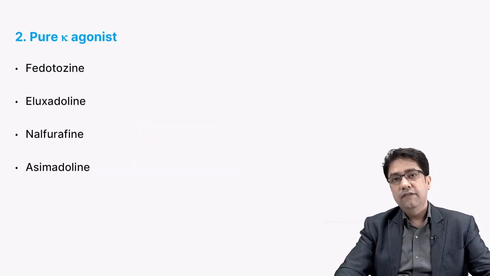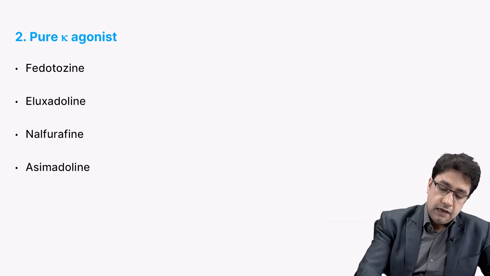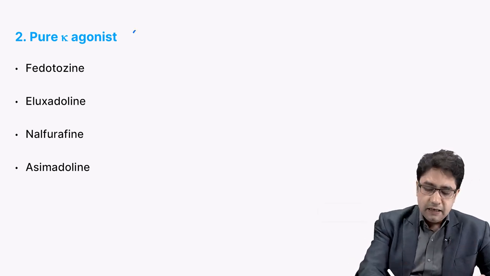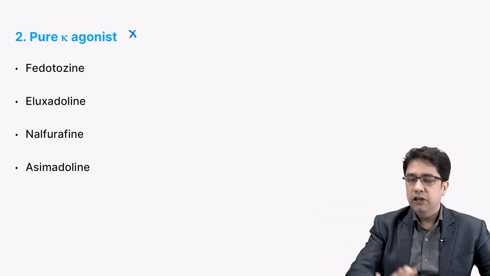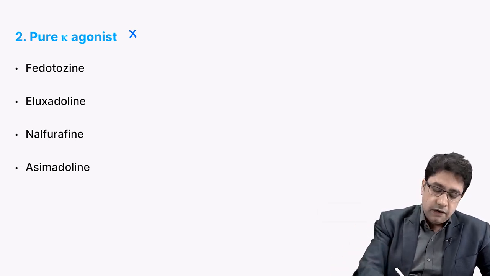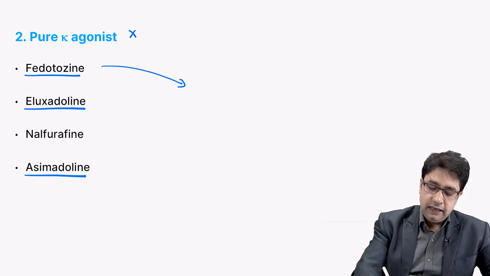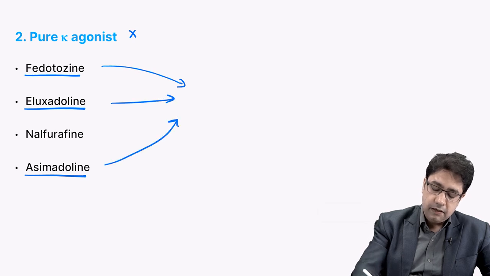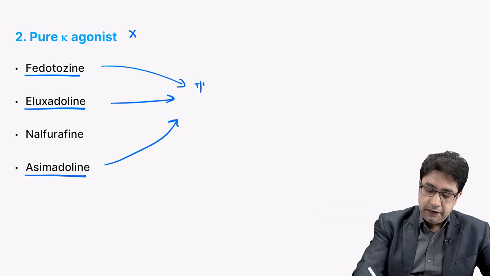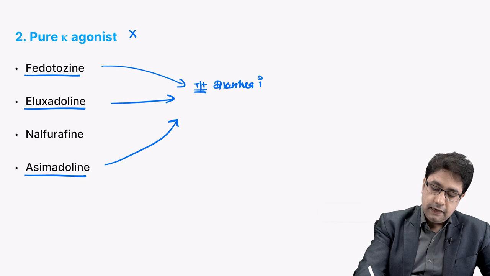Then the next drugs we have are pure kappa agonists. They have never been asked, but these are new drugs and potential questions for INI-CET: fedotozine, eluxadoline and asimadoline. Remember, these three drugs are approved to control diarrhea in irritable bowel syndrome.